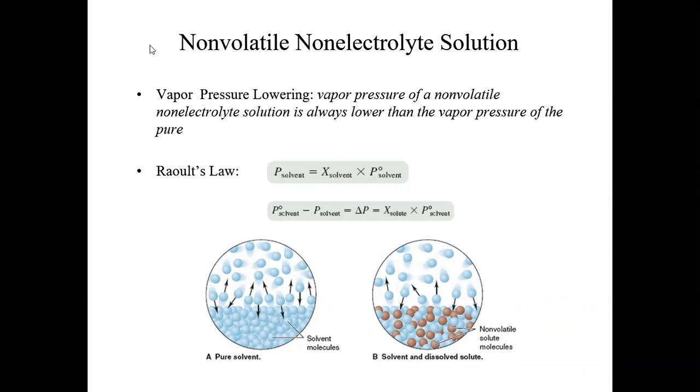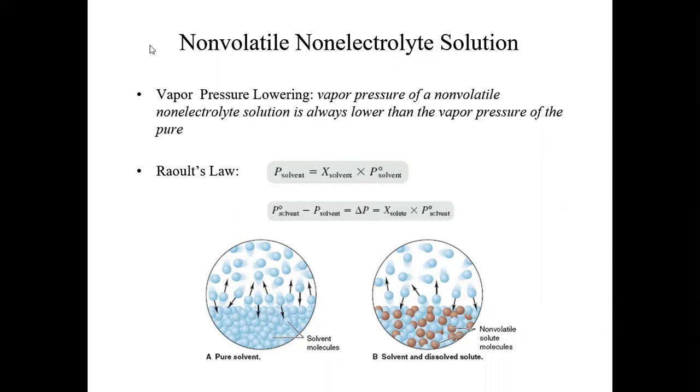But now if we, for example, take hexane and mix it with, say, diethyl ether. Diethyl ether is what we refer to as a volatile solute. And so it's going to contribute to the vapor pressure of the system. And that uses a slightly different adaptation of what's called Raoult's law.